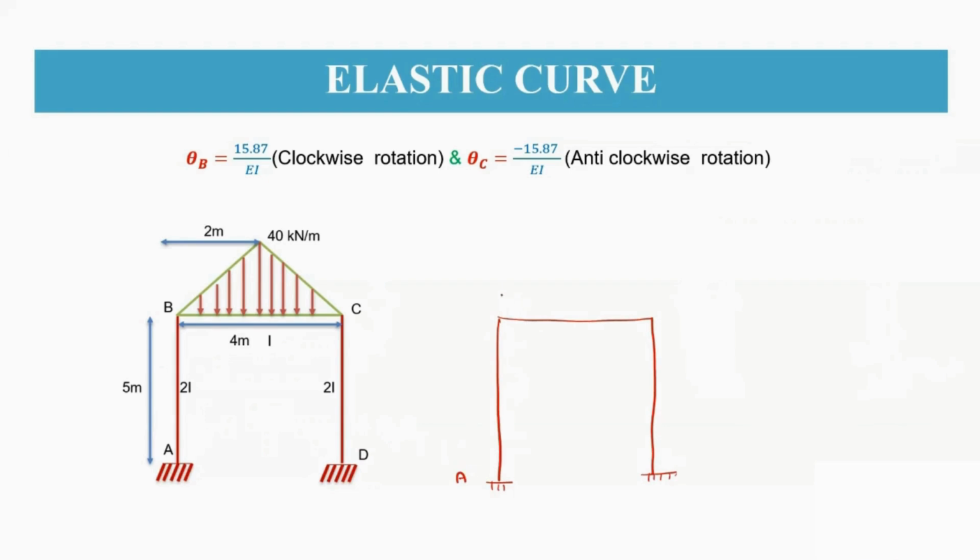So this is your A, B, C, and D. If you just draw like this, and when we draw a tangent like this, this is becoming an anti-clockwise direction. So I'm going to draw in this way.